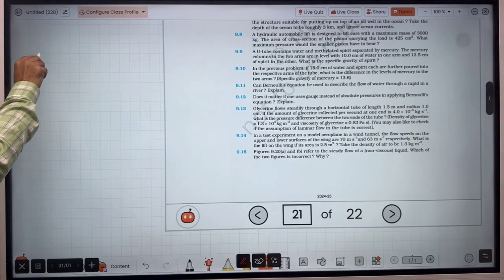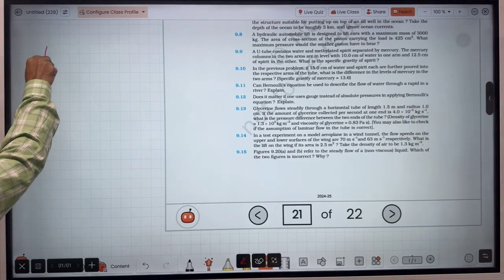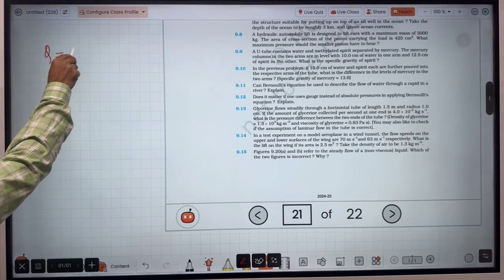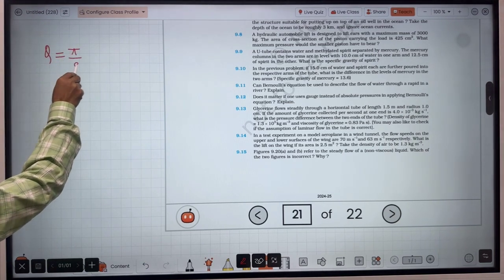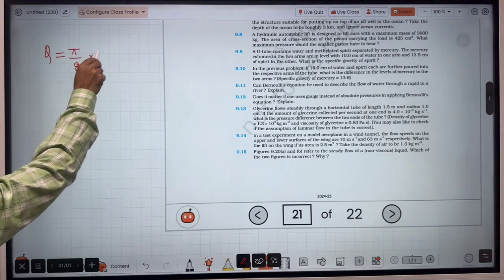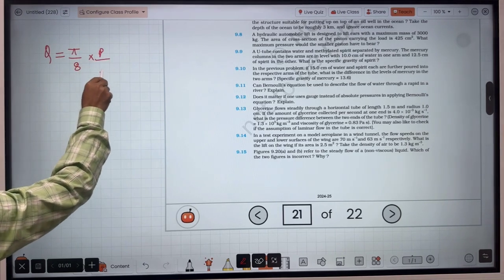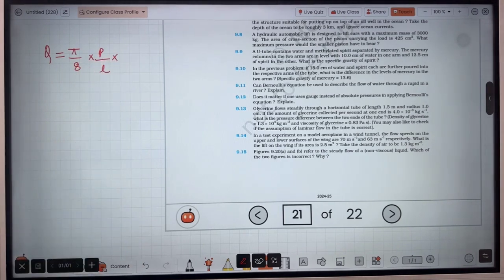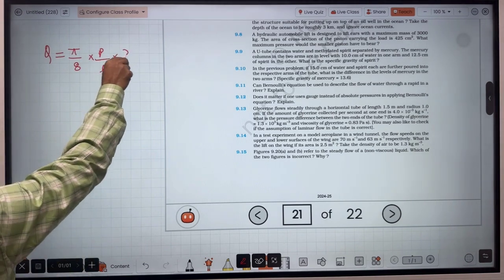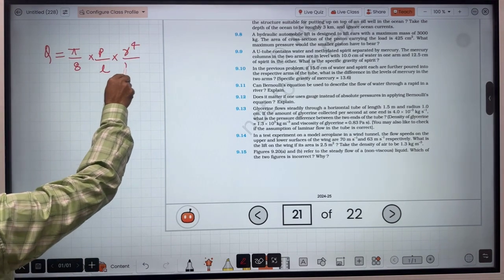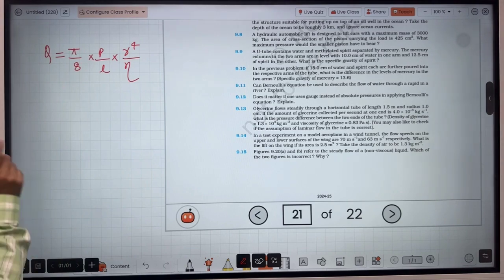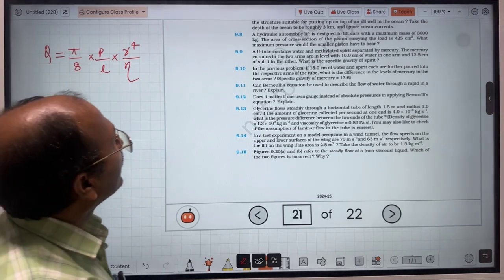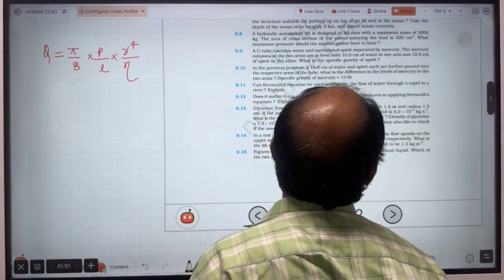Poiseuille formula tells volume per second. Q is given by pi by 8, which is constant, then we take the pressure gradient P upon L, then the fourth power of the radius, and divided by eta, which is viscosity. This is the formula that we are going to use here.